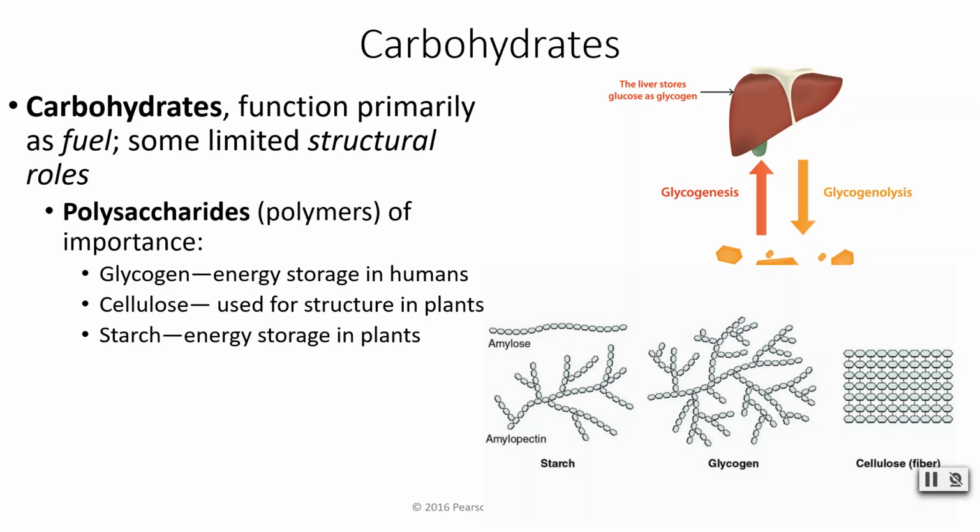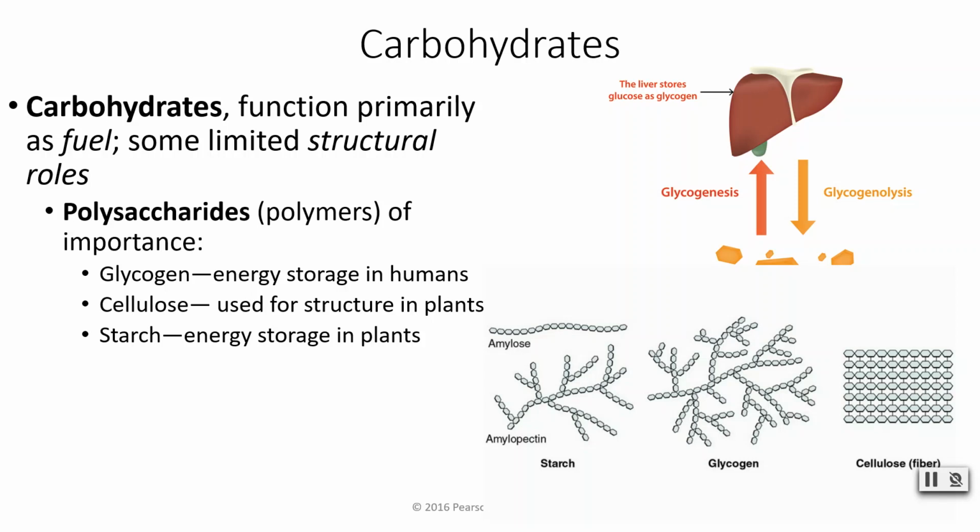If we happen to have to skip lunch for whatever reason, we would like to not starve to death. That would be awful. So your liver can take that stored glycogen and break it back down into glucose, and then we can use that glucose to get us by until we can have a meal.